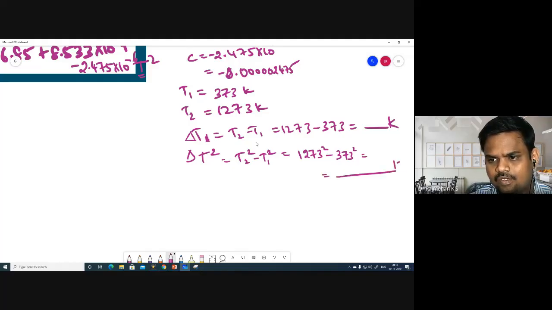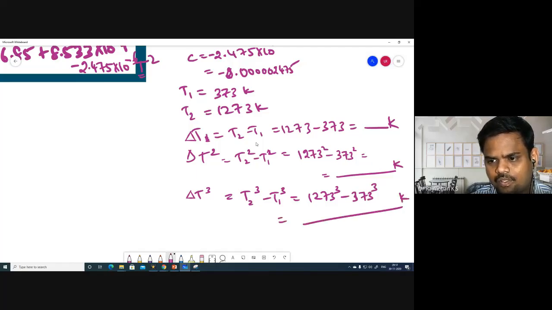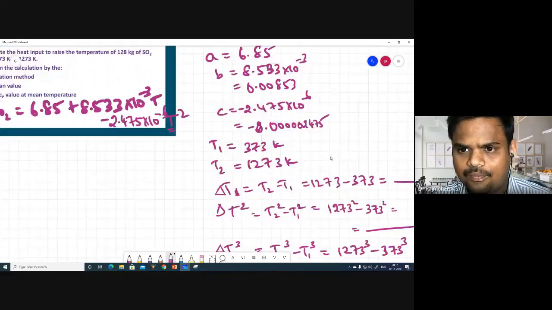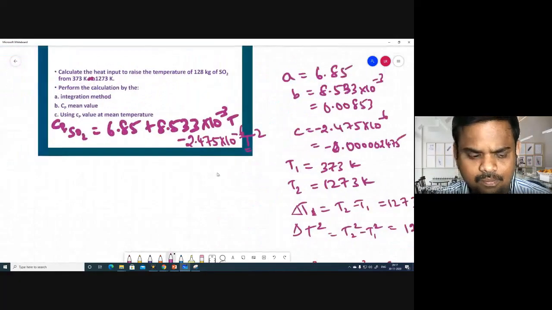You can have this much Kelvin. Similarly, delta T cube equals T2 cube minus T1 cube, which is 1273 cube minus 373 cube. You can calculate these values and keep them ready. Okay, so we can solve the problem.